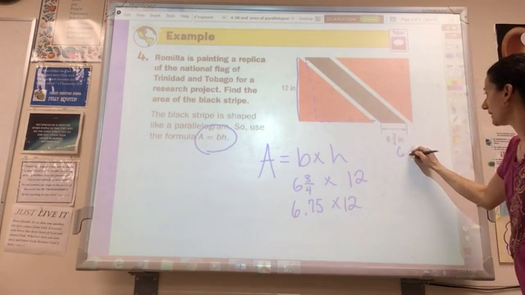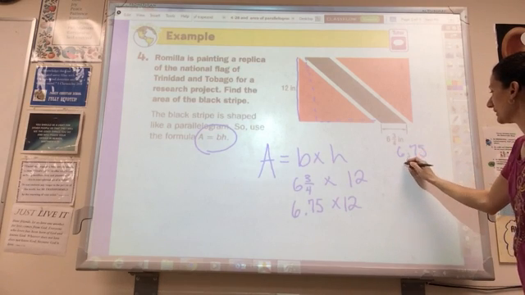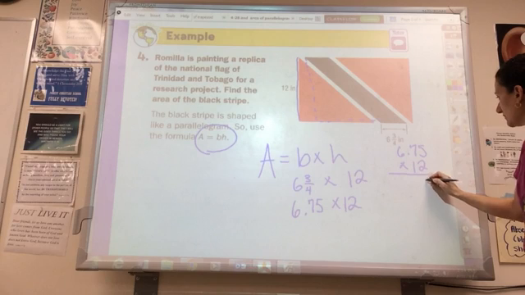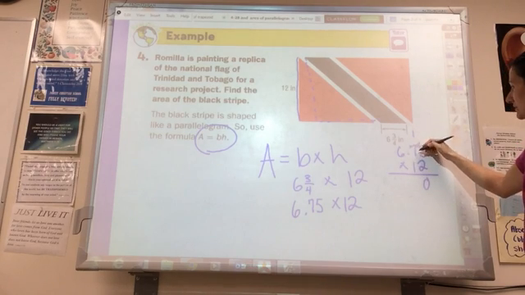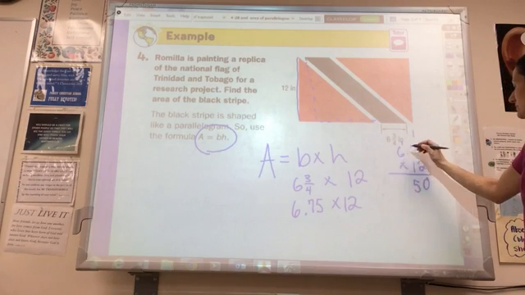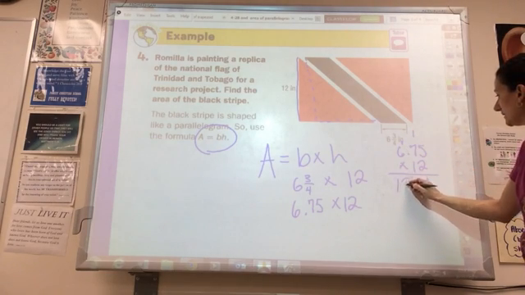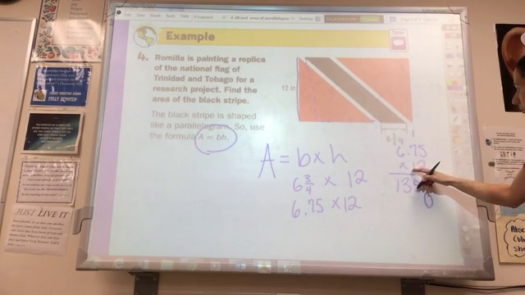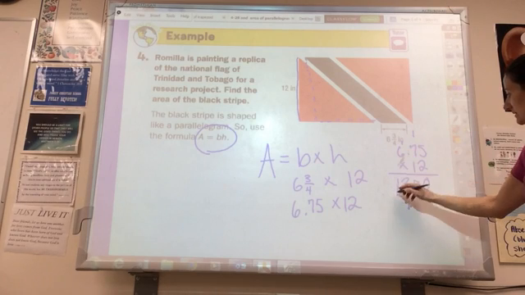I'm going to work that problem out with you. You can work it out on your paper. 2 times 5 is 10, 2 times 7 is 14, and 1 is 15. 2 times 6 is 12, and 1 is 13. I'm not going to worry about the decimal yet. I'm going to place my 0. 1 times 5, 1 times 7, 1 times 6.